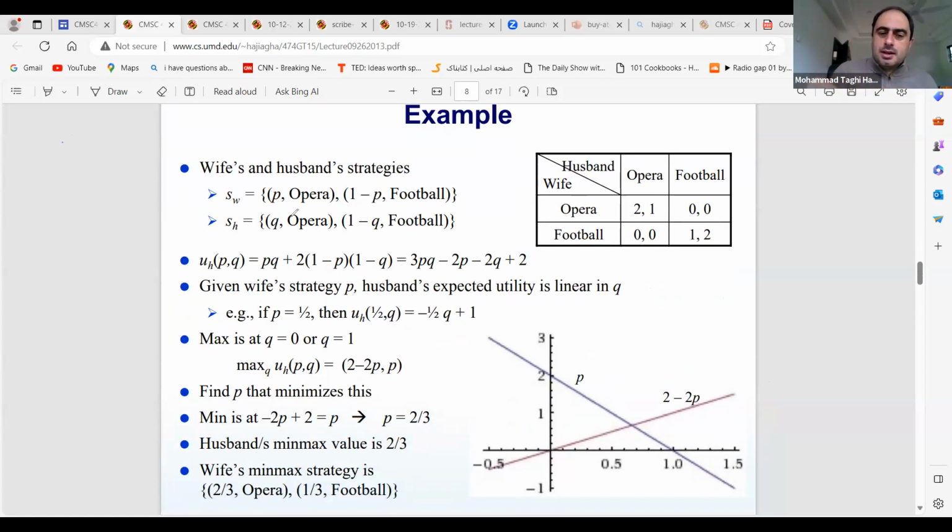So here again, consider wife with P and 1 minus P here, and then Q and 1 minus Q here. Then in this case, what about the husband? What if the husband plays Q? Because you said that U1 and U2 will change essentially here.